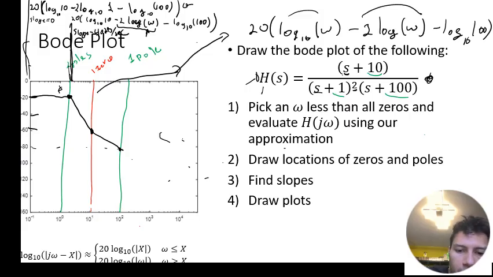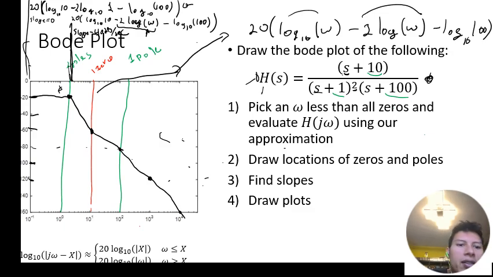And so now we have 20, 40. We're here and then here. And that's our magnitude plot.